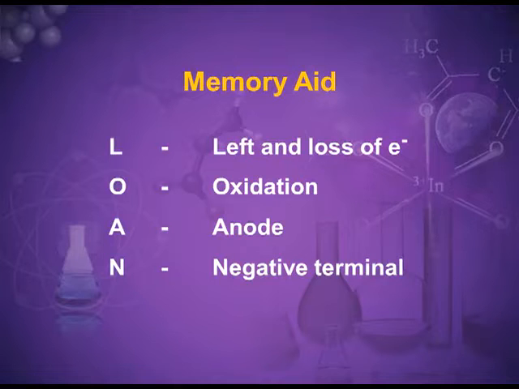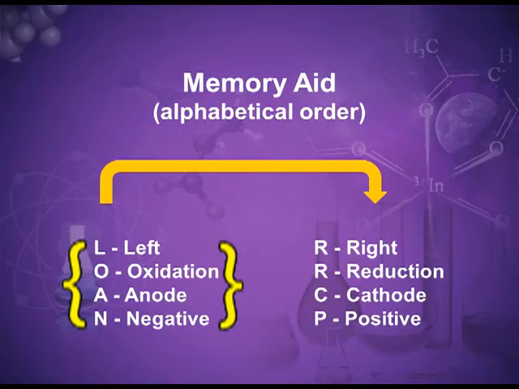A means anode and N means negative terminal. Now it is very clear that on the left hand side the loss of electrons takes place. The loss of electrons is known as oxidation. Oxidation takes place at anode and anode is the negative terminal.